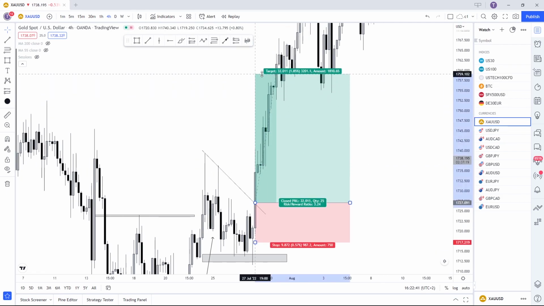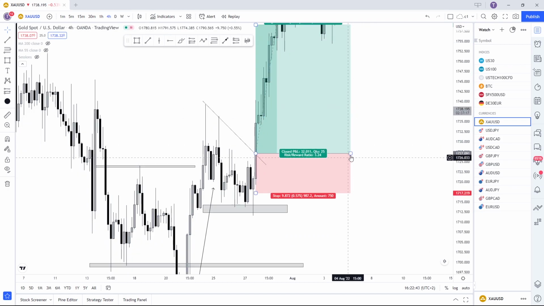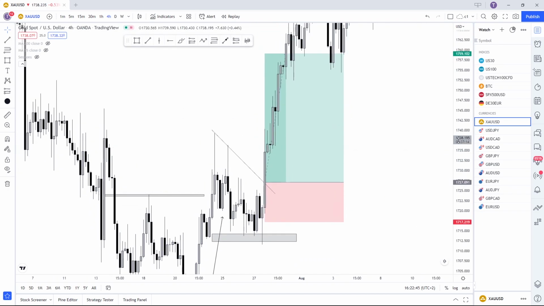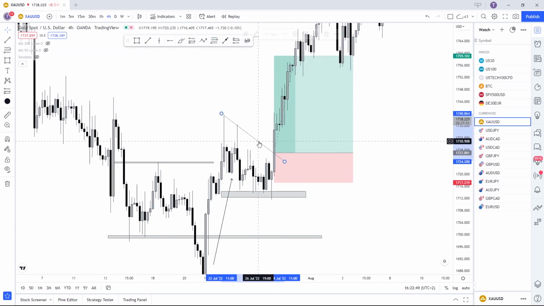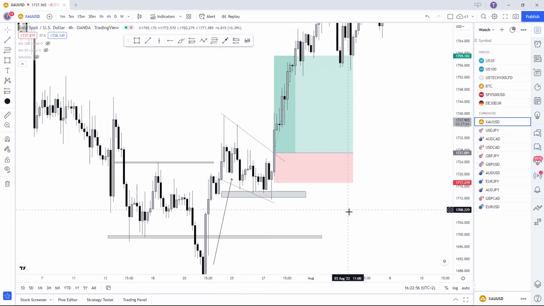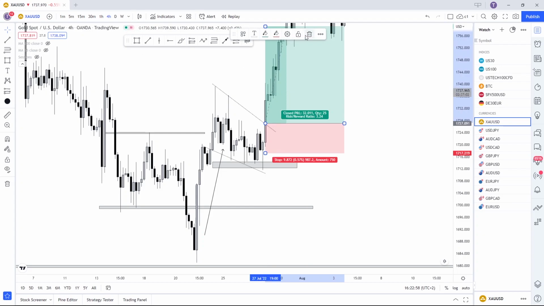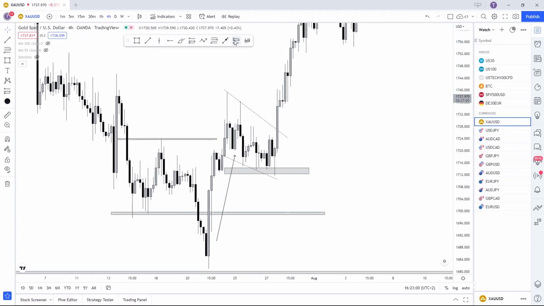1:3. Or you could have made your entry right here.